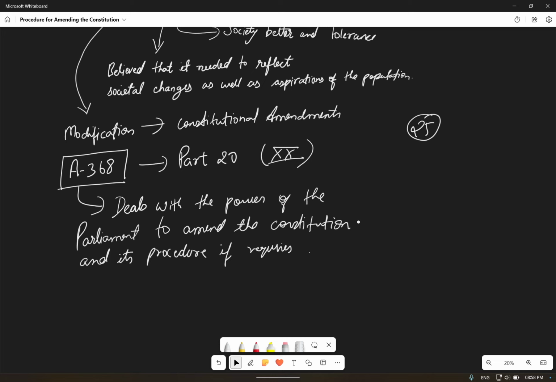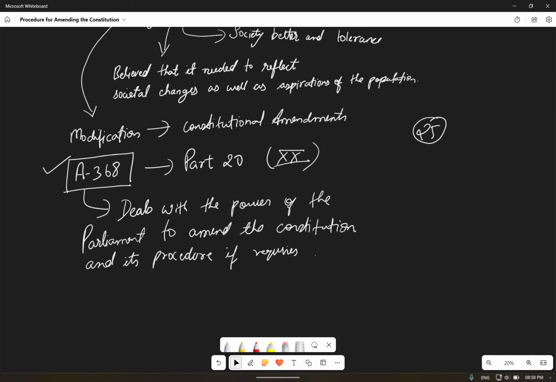So the constitution can be amended, but it is not like whatever you want, you will amend it. Why? Because there was one ruling. When the parliament has been given the power to amend the constitution, power comes with responsibility.